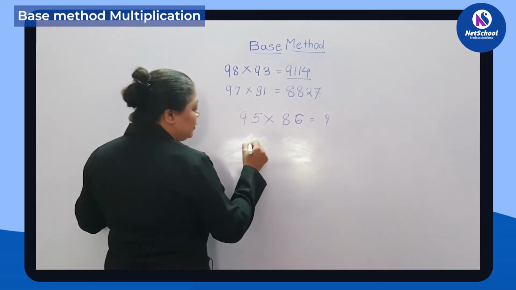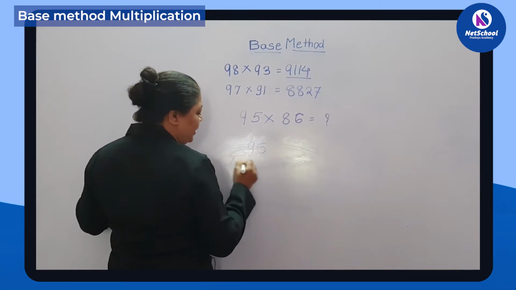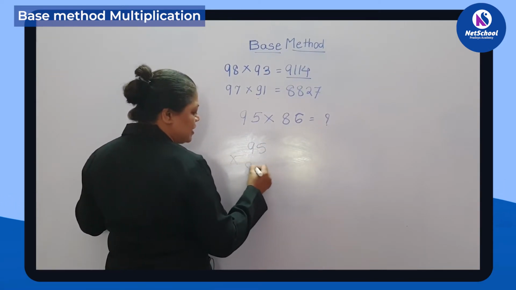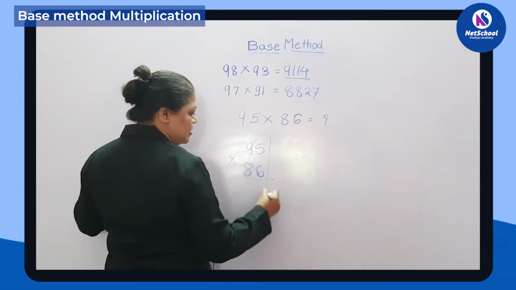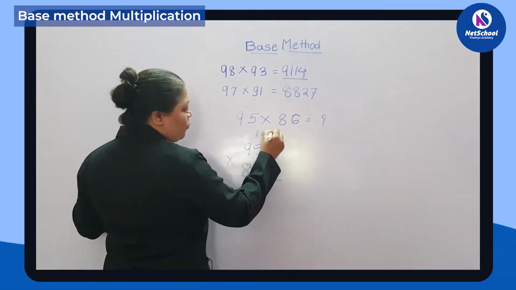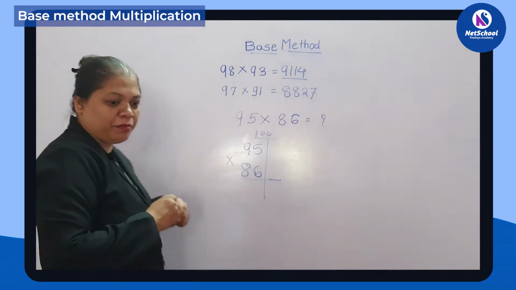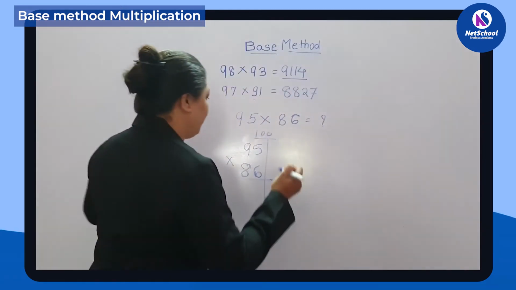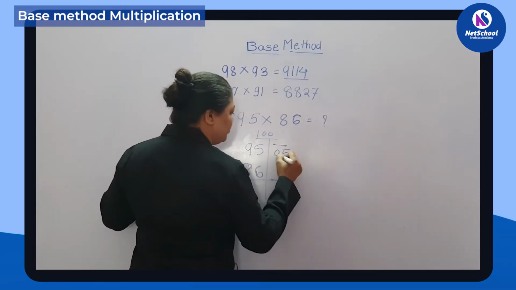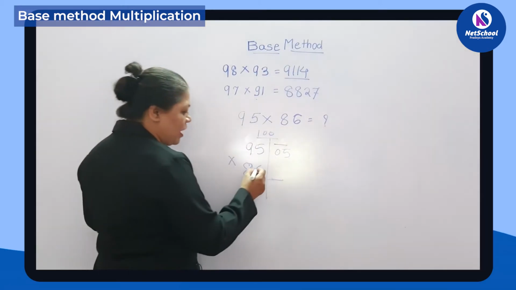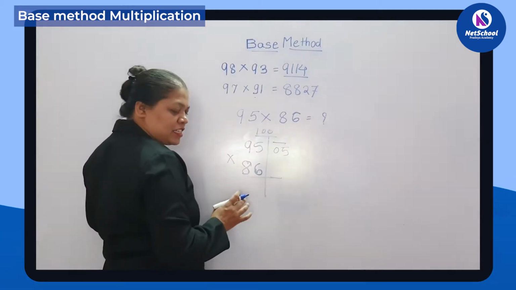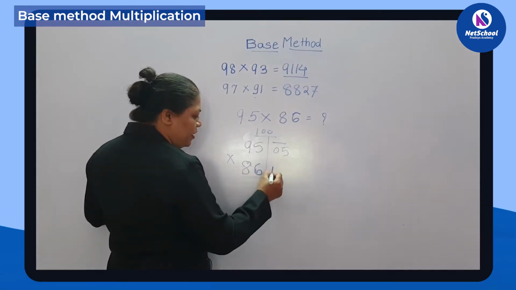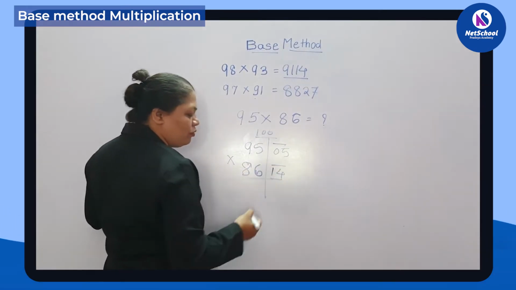Okay, 95 into 86, base of 100, 100 minus 5. And for this we have studied Nikhilam. We want the difference between 100 and 86. So its complement is 1 and this complement is 4.